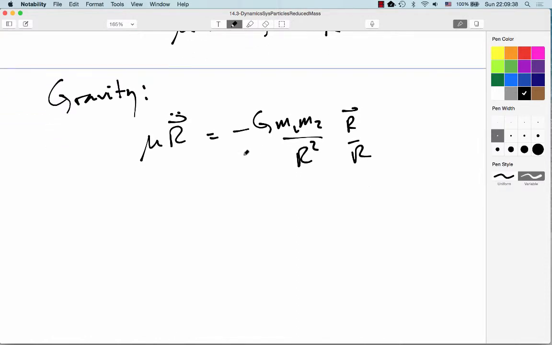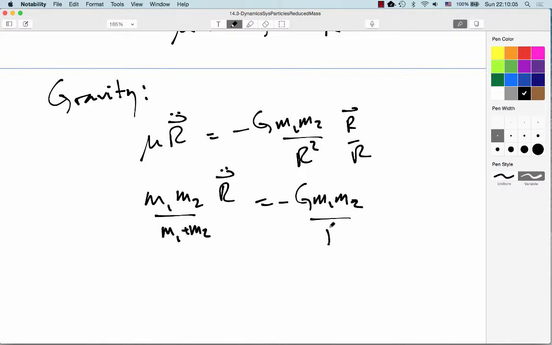Alright, so we'll go ahead and put in what the reduced mass is: m1 m2 r double dot over m1 plus m2 equals minus G m1 m2 over r squared times the r unit vector.